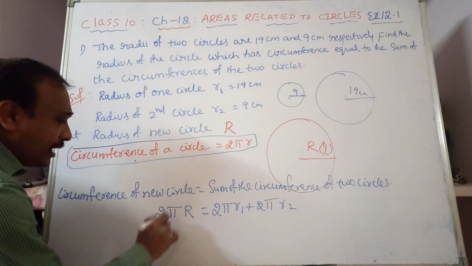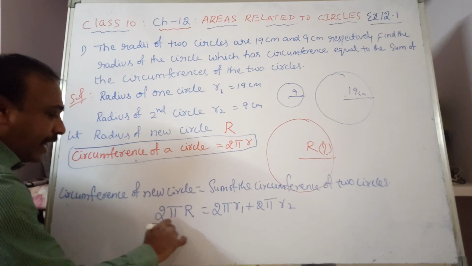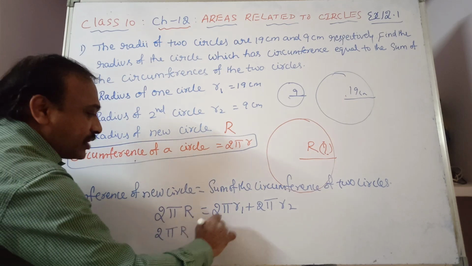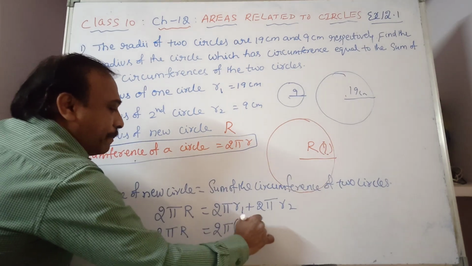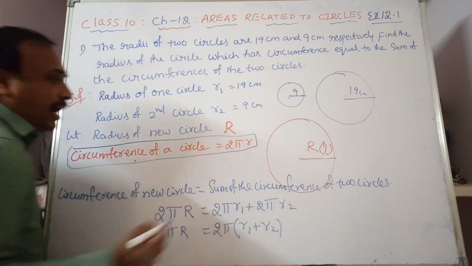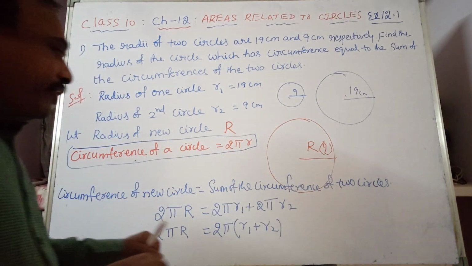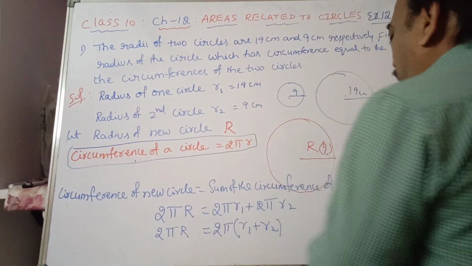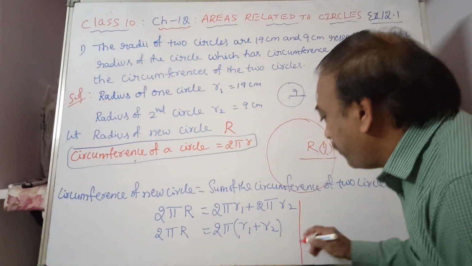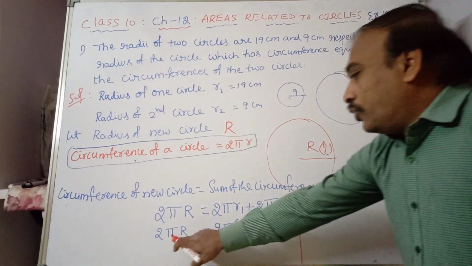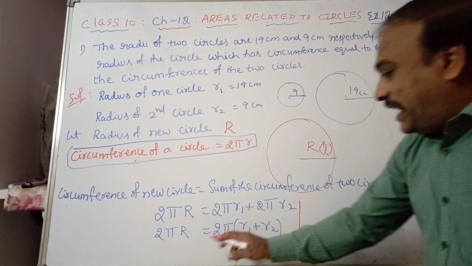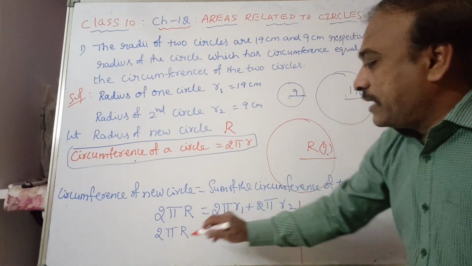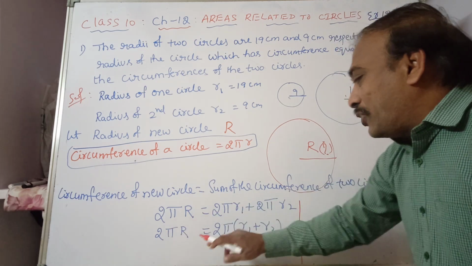Now 2 pi capital R is equal to, take 2 pi common from these two, then r1 plus r2. Now I am substituting the values of r1 and r2. Observe it here, 2 pi times r1 plus r2. In both places, LHS and RHS, we have 2 pi the same.